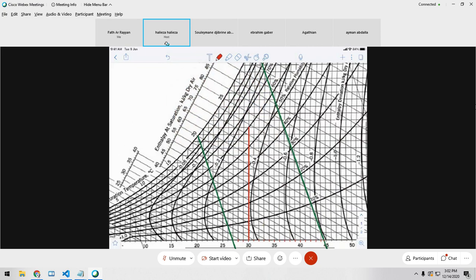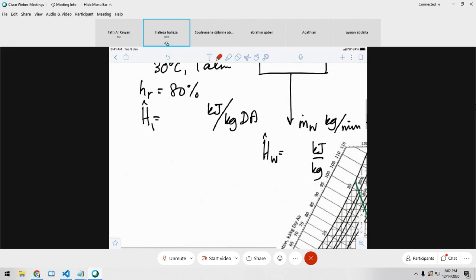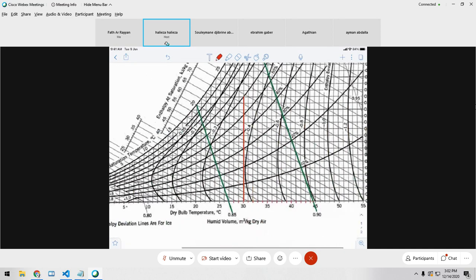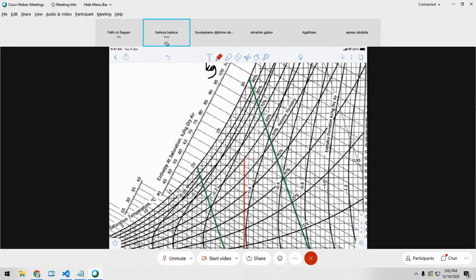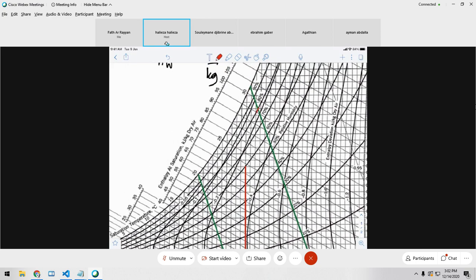The percent relative humidity now is 80. I'm going to look for 80%. Oh, I haven't reached 80 yet. This is 80, so I need to go further up. Let me undo this.